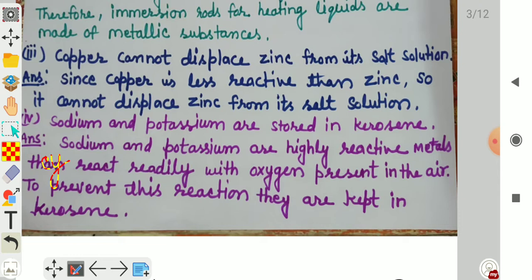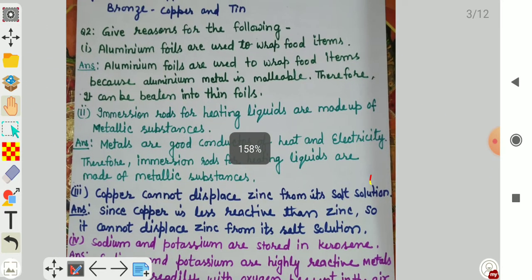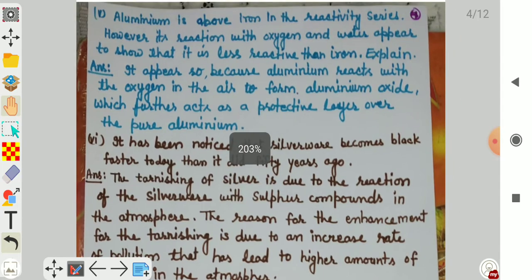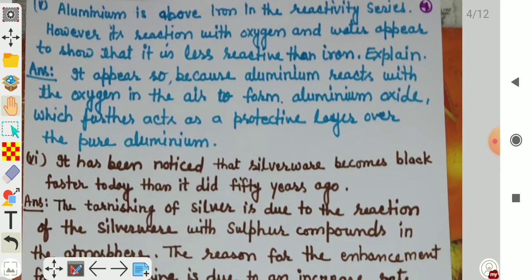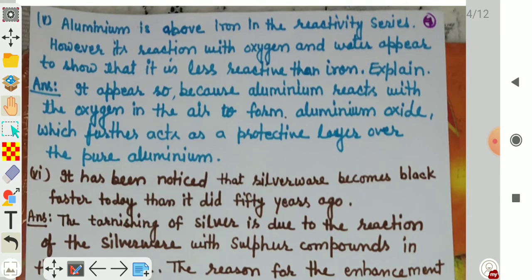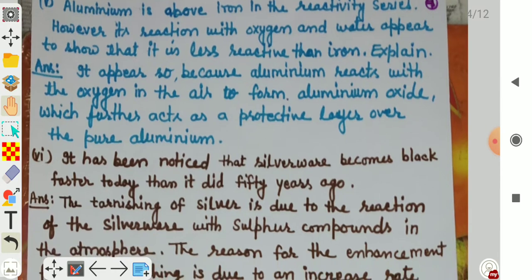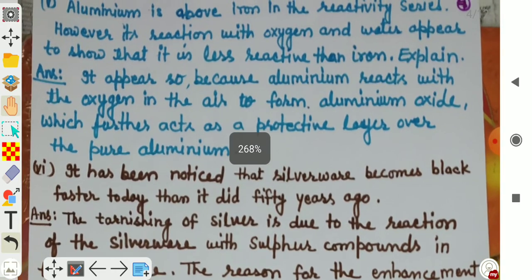Next is, aluminum is above iron in the reactivity series. However, its reaction with oxygen and water appears to show that it is less reactive than iron.